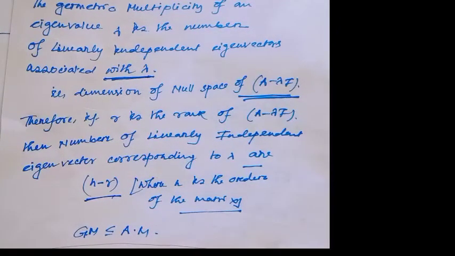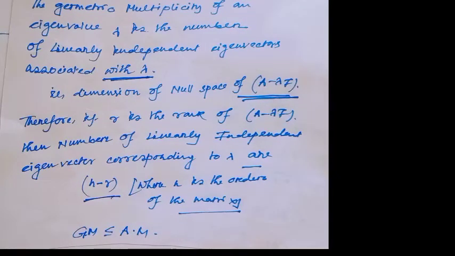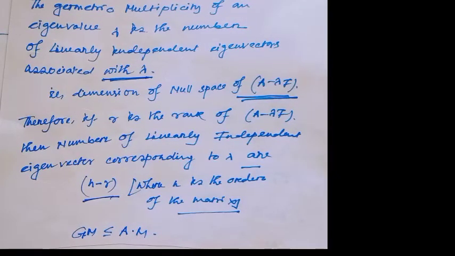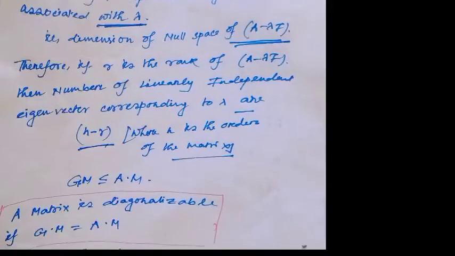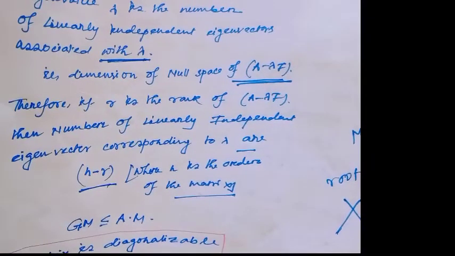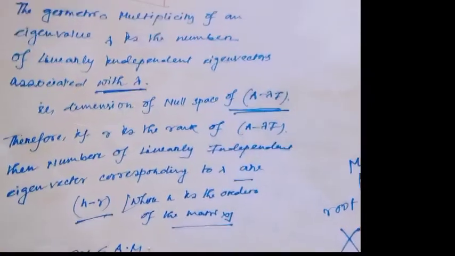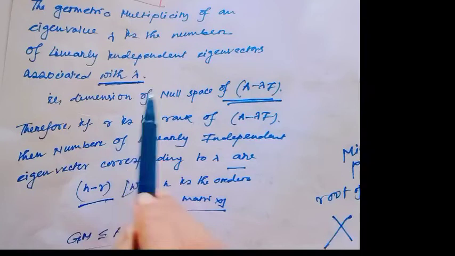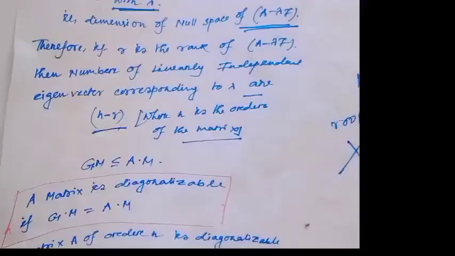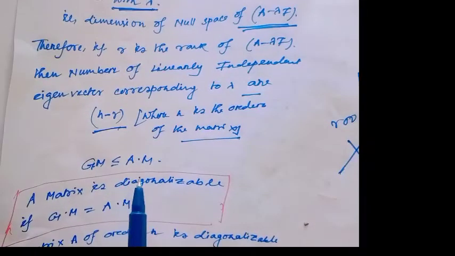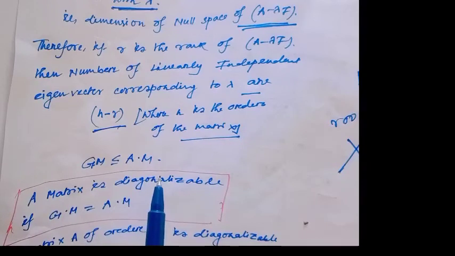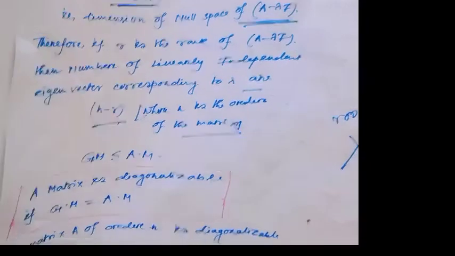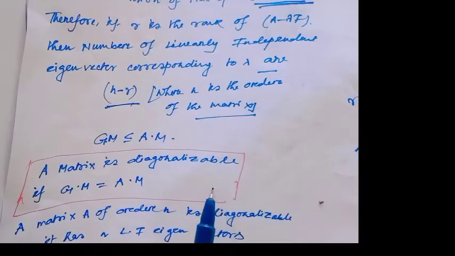This is the geometric multiplicity, and we all know what the algebraic multiplicity is. Since geometric multiplicity means the number of linearly independent eigenvectors corresponding to eigenvalue lambda, geometric multiplicity is always less than or equal to algebraic multiplicity. And when is a matrix diagonalizable?